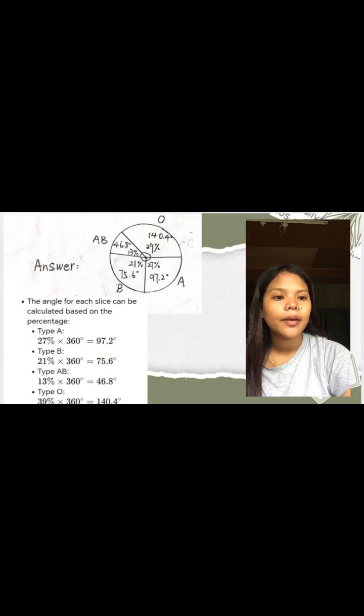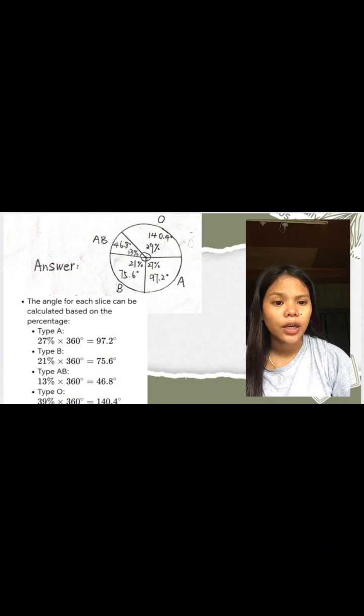Blood type A is 27%, which is 97.2 degrees, type B is 21%, which is 75.6 degrees, type AB is 13%, which is 46.8 degrees, and type O is 39%, which is 140.4 degrees. So, you may ask why 97.2 degrees.